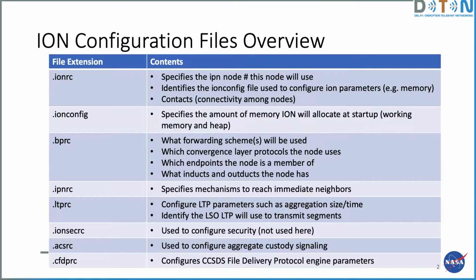We can talk a little bit about ACSRC, aggregate custody signaling. This is a capability that was developed by some of the folks at Colorado University who were flying experiments on board station, and their problem was that they had a relatively high rate downlink in the megabits or tens of megabits, but their uplink, because they were sharing that uplink with a lot of the payloads on station, by the time you divvied it all out, their uplink rate was on the order of 8 to 10 bits per second.